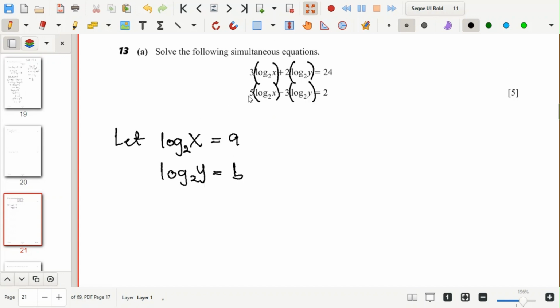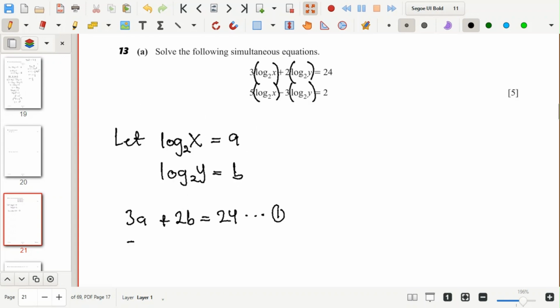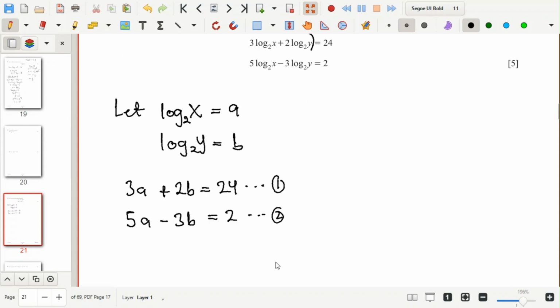So in that case, I can represent it with a letter. So when I do that, I'll get 3a plus 2b is equal to 24. Equation 1 from this one. Then for the second one, I'll get 5a minus 3b is equal to 2. Equation 2.